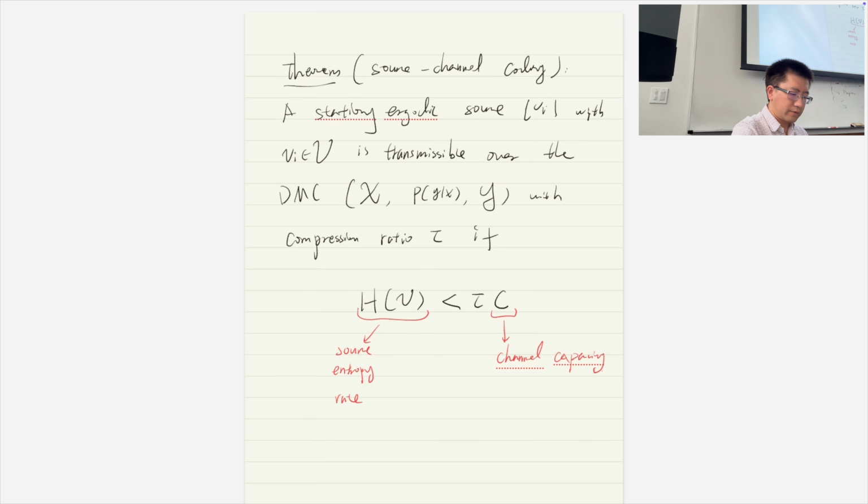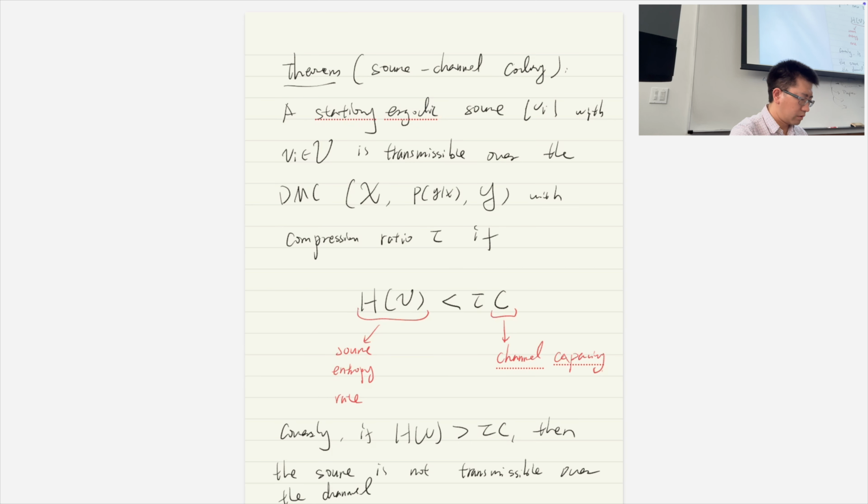Conversely, if H(V) is bigger than tau times C, then the source is not transmissible over the channel. So this is the joint source channel coding theorem.